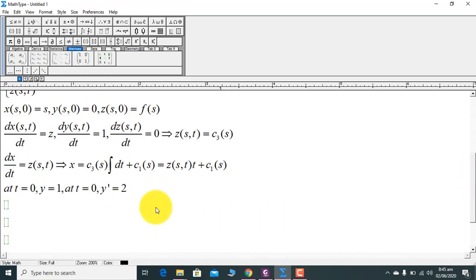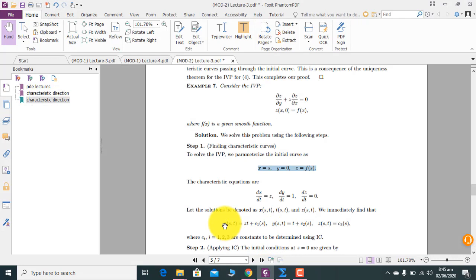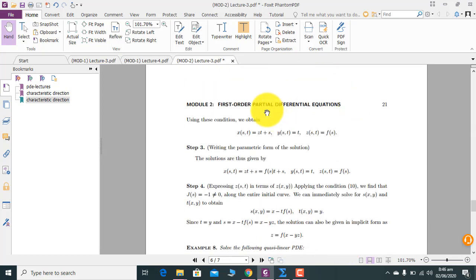So if you apply these conditions in these three solutions, at t equal to 0 the left hand side for x is s, and on the right hand side is c1, so c1 will be s. If you put t equal to 0 here, the left hand side will be 0, because y of s comma 0 is 0, and on the right hand side you will get c2, so identically c2 is also 0, and last for z, if you put t equal to 0 you will get c3, which is f of s. So if you apply the conditions, the answer for x, y, z can be very easily written as these type of solutions.